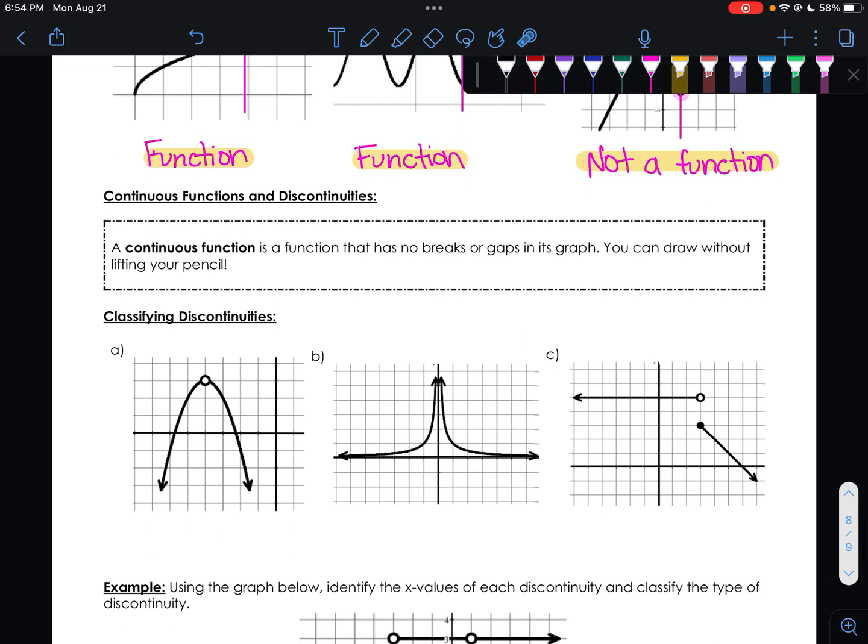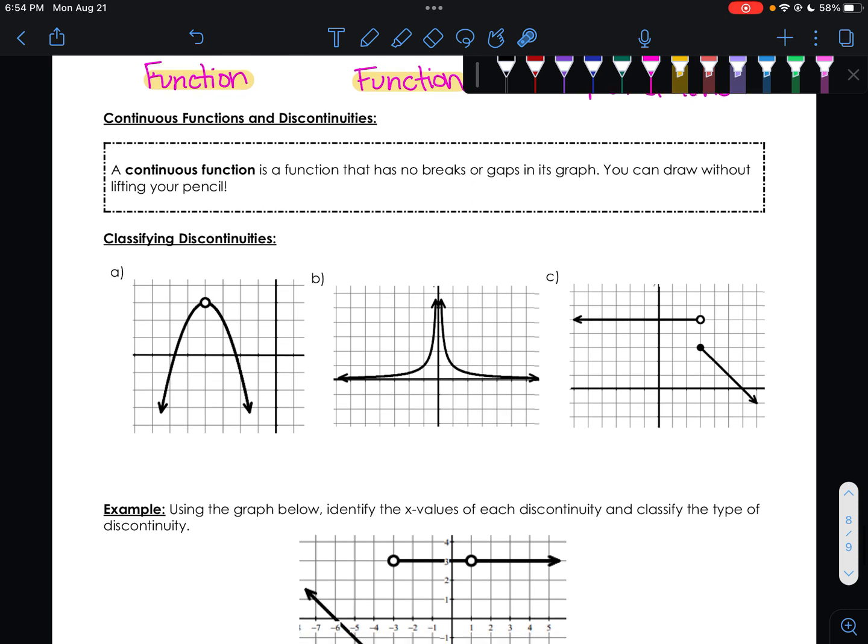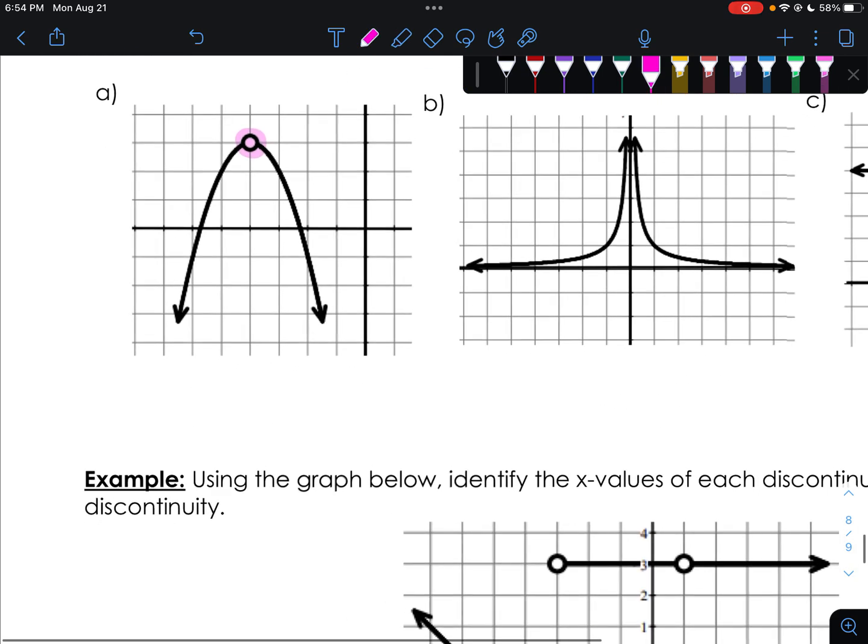So this leads us to our three different types of discontinuities we are going to see. The first type we have is removable discontinuity. So this right here represents removable discontinuity because it's like we removed a part of the graph and now there is a hole there. So this is removable discontinuity.